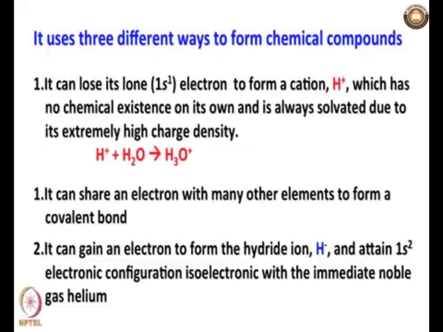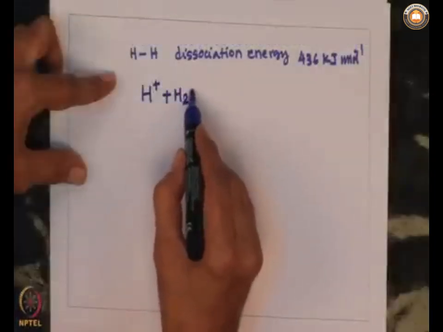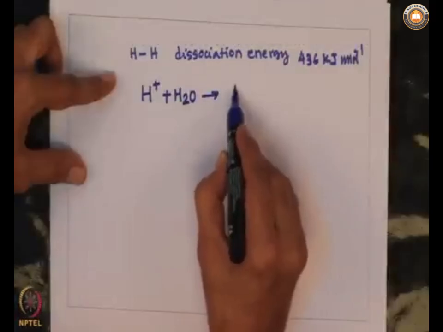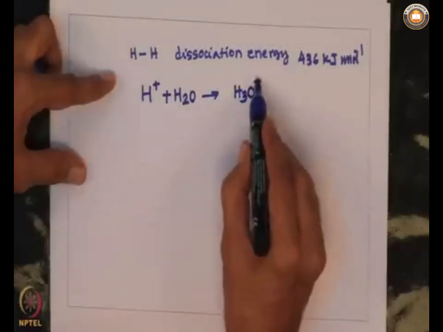One is, since it has one electron that can be readily lost through ionization to generate an H plus ion, which has no chemical existence on its own and is always solvated due to its extremely high charge density. That means when H plus is generated, since it doesn't have independent existence, for example, if water is there, it readily forms the hydronium or hydroxonium ion.